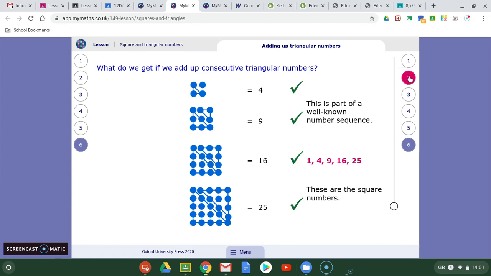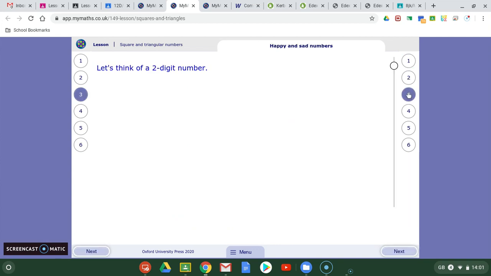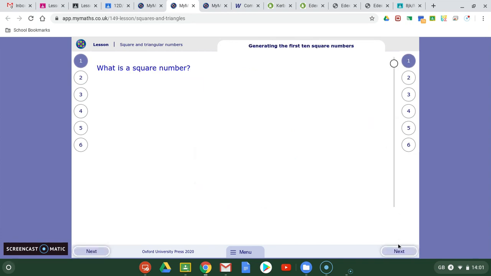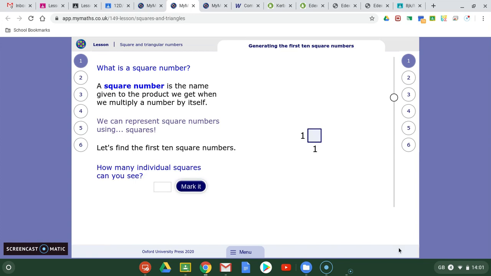So, just to go back and have a look here. Your square numbers are 1, 4, 9, 16, 25, 36, 49, 64, 81 and 100.